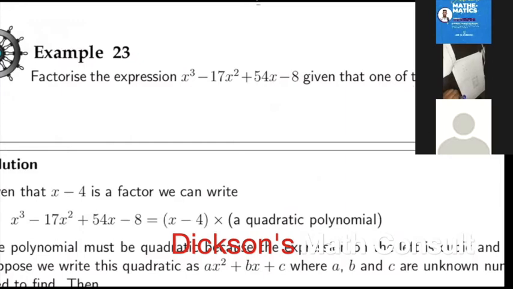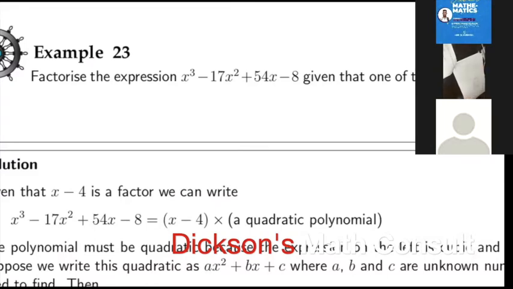Let's fit in 1. So here I have 1 cubed, that is positive, minus 17 times 1 squared, plus 54 times 1, minus 8. 1 cubed is 1. 1 squared is 1, so negative 17 times 1 is still negative 17. 54 times 1 is 54.